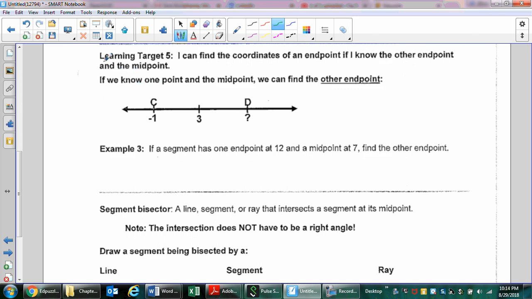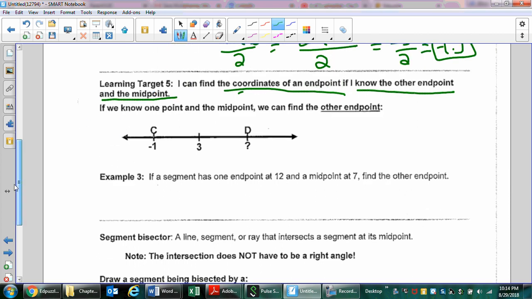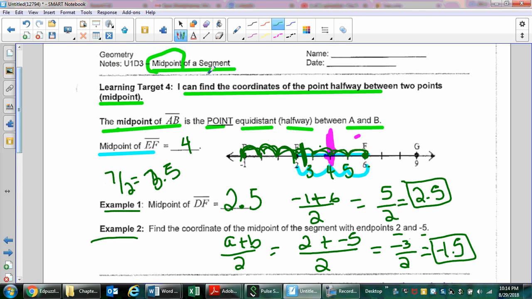So the next thing we're going to talk about is you can find the coordinate of an endpoint if I know the other endpoint and the midpoint. So this one gets a little bit difficult. So here, it says I can find the coordinate of the point halfway, right? That's what we did here. We found the point that is halfway, right? That means they gave me the endpoints.